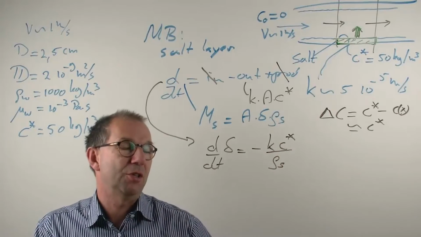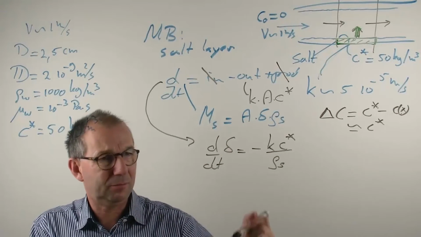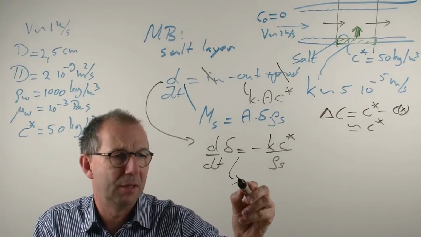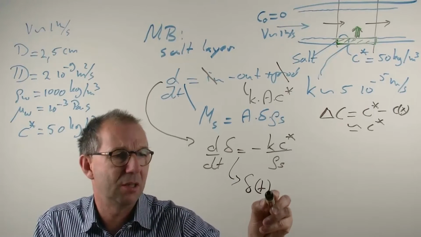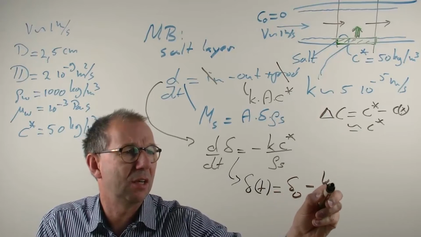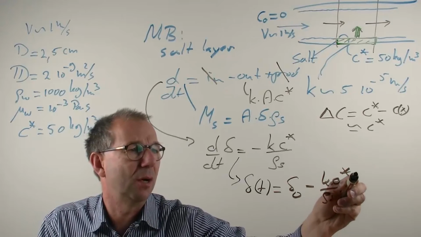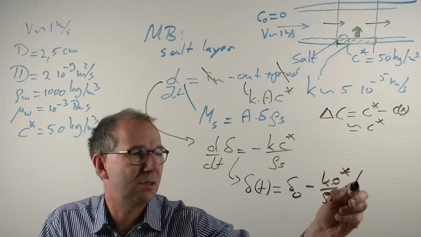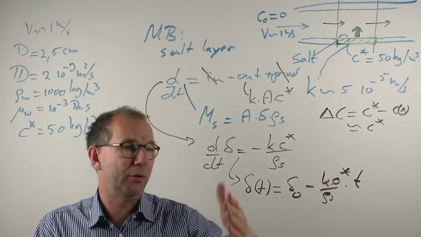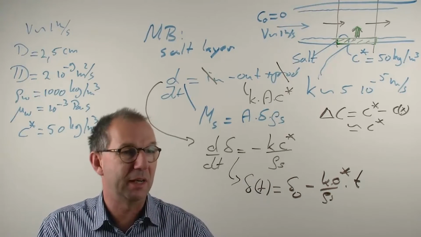On this side there are only constants. So this is a linear decay, and I can easily integrate that. Delta as a function of t is the initial delta minus K C star over density times t. And obviously this stops as soon as there is no salt to dissolve and the pipe is clean.